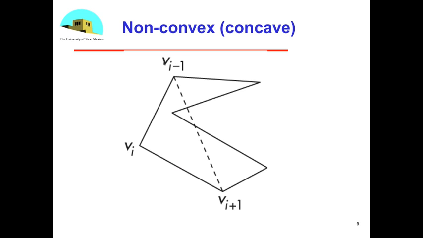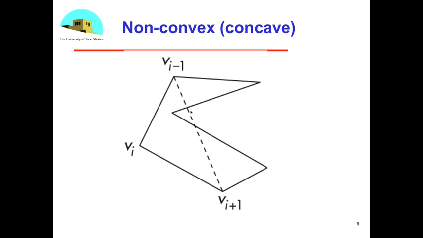So here's V_i, vertex i minus 1, vertex i plus 1. And suppose I go leftmost, that's going to be important here. So I start with the leftmost vertex and look at the vertices to the right and the left of it, and I get these two. Now if I try and break this triangle off, I've got a problem because this is not a convex object, and when I join these two vertices, it goes outside of the object.